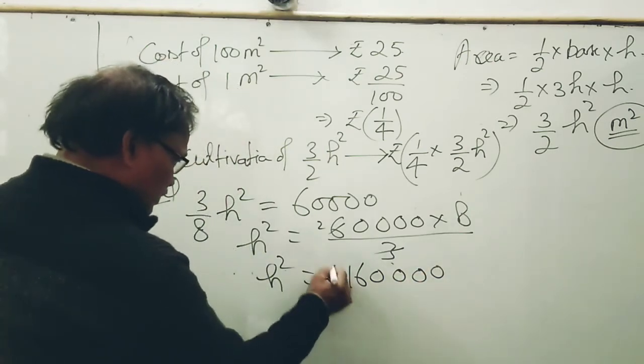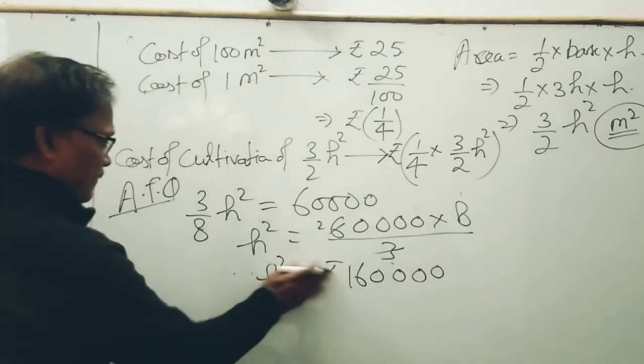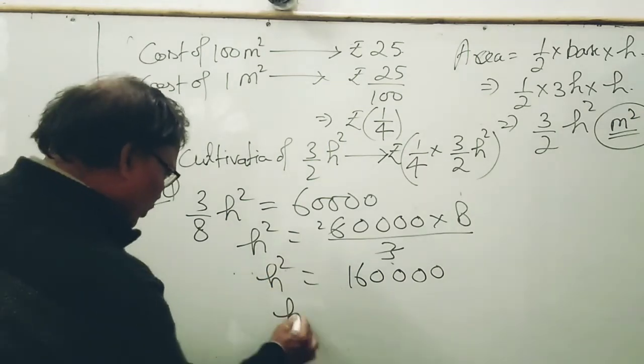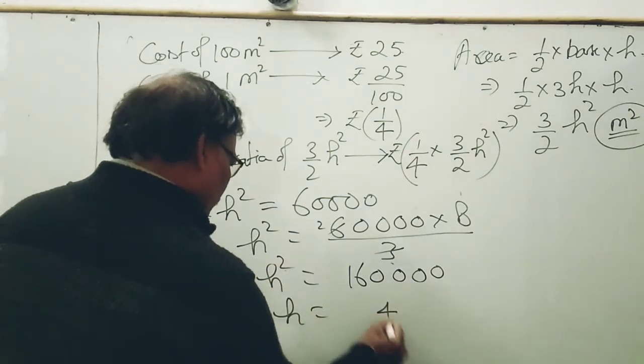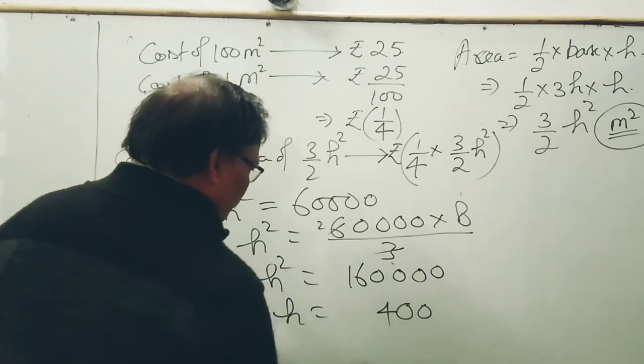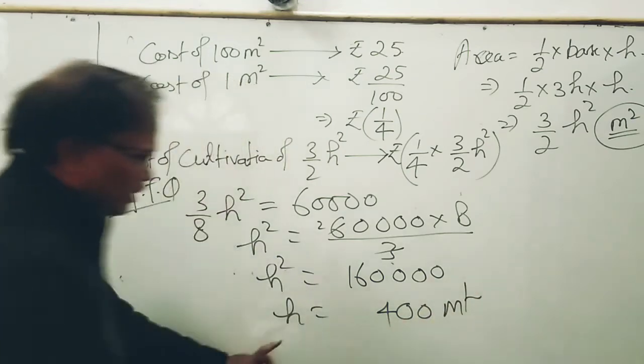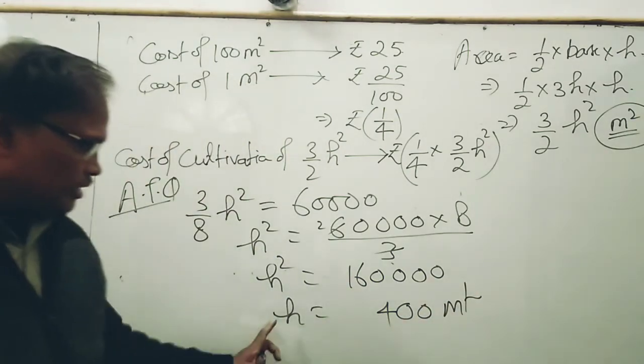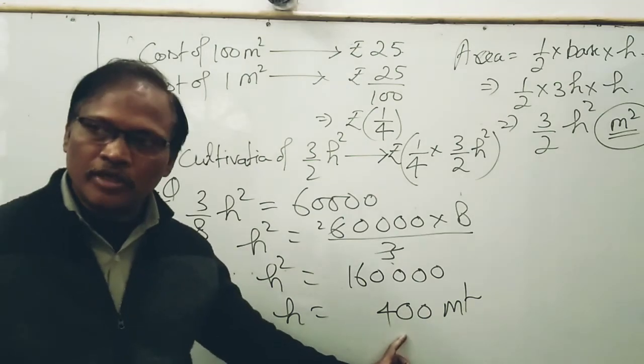Means this is the value of h square. So what will be the h? 400 means the height of the triangle. Take square root. Height of the triangle is 400 meters.